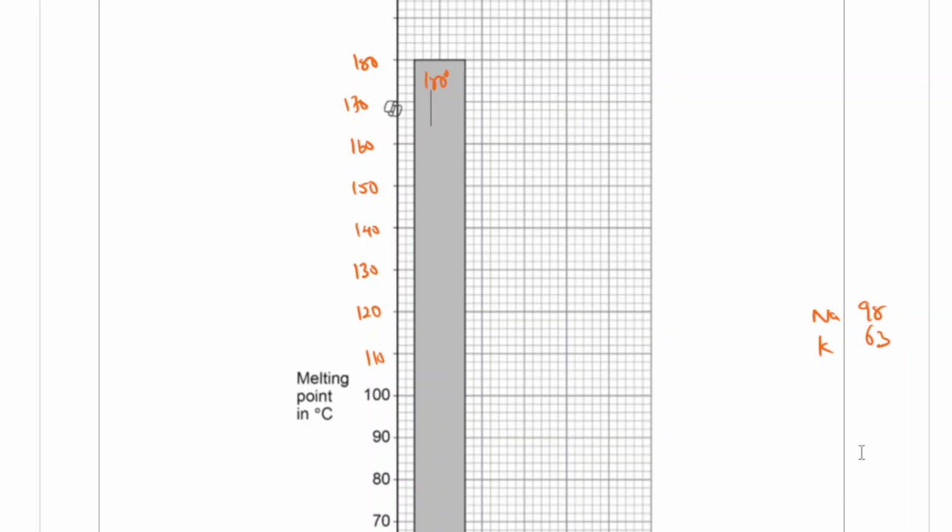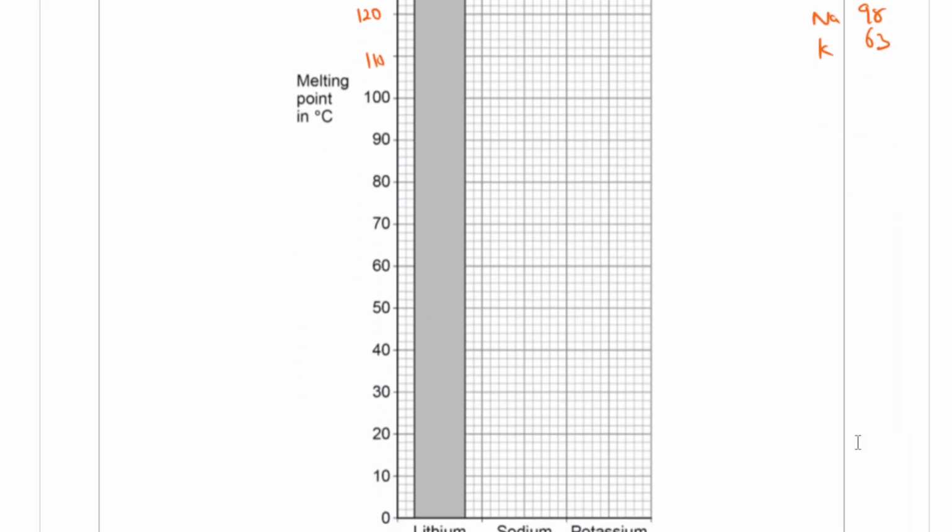Sodium needs to go up to 98. So I want to draw a bar which is the same width, that's 8 boxes. The width of the box should be from there to there. You've got 90 here, and then each box is 2, so it needs to go right up to there.